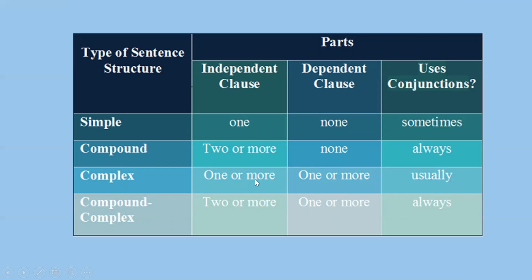So here we are taking one independent clause and one dependent clause, and we are joining them with a conjunction or with the help of a comma. Then in a compound complex sentence, we are using two or more independent clauses and one or more dependent clauses, and we are joining these sentences with the help of conjunctions.